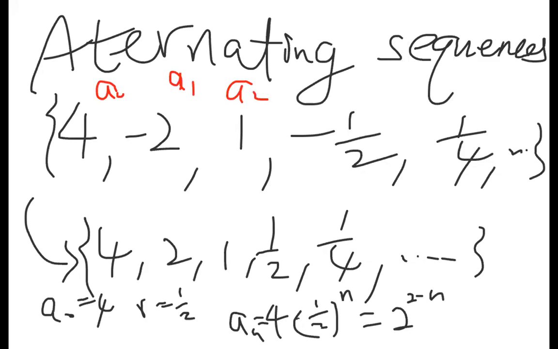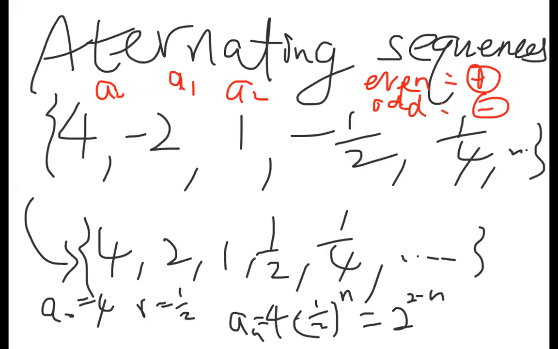So you notice that the even terms, which are 0, 2, 4, etc., are positive. Odd terms, on the other hand, are negative.